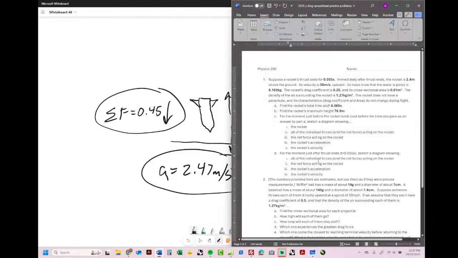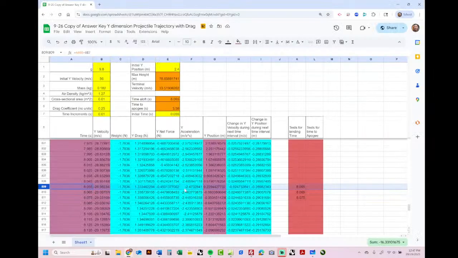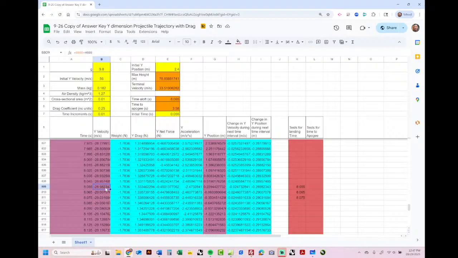So that's done. Now I'm supposed to do the same thing again, except just after thrust ends. Before I go on to this part, I want to show you something. The y velocity right now is 28.9. The terminal velocity calculated up at the top is 33.5. So this wasn't able to fall far enough to reach its terminal velocity.